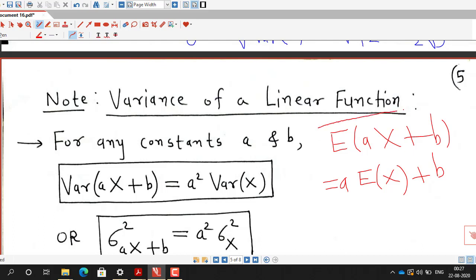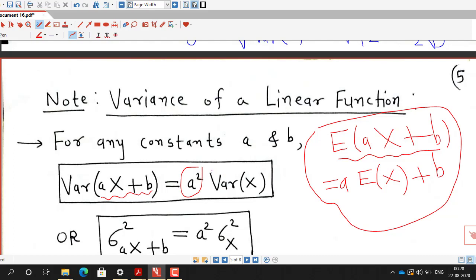That means expected value of a random variable x is a linear function, but this is not the case for variance of a random variable. For variance, if we take variance of this linear function ax plus b, then it is not linear. It is given by a square into variance of x. Okay, you can prove this using the definition of variance.